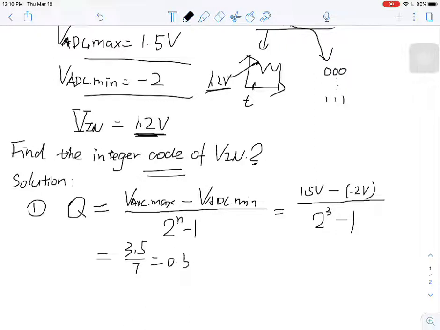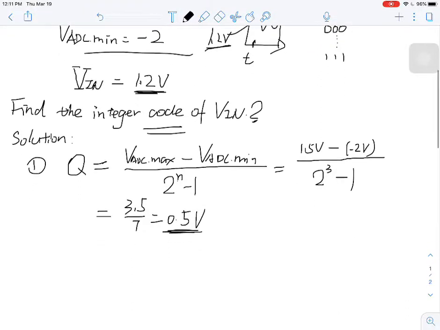That will give you 0.5 volt. So that's kind of the resolution, the small steps of voltage this ADC can detect. Then once you have this Q quantization, you're able to find the code.